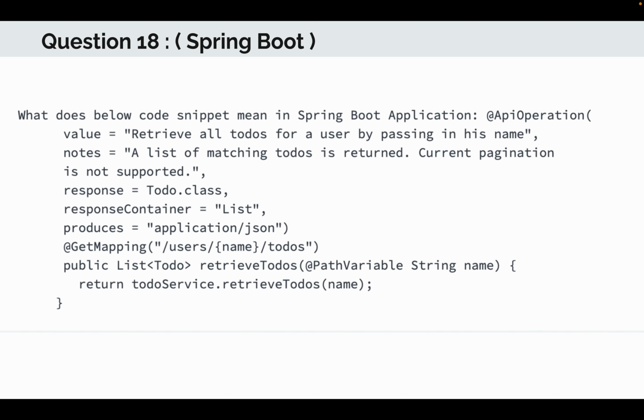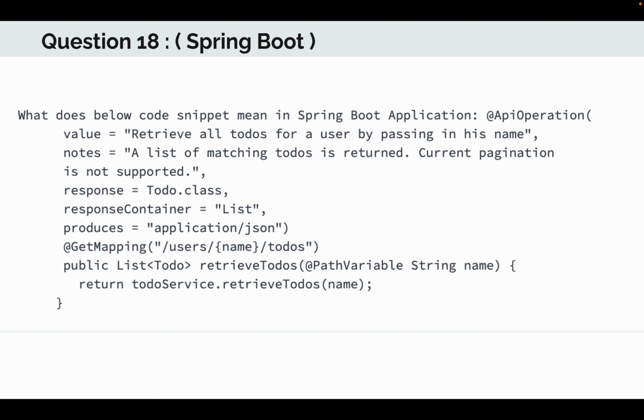Moving to question number 18. What does the below code snippet mean in a Spring Boot application? So there is a code snippet starting with @ApiOperation, which has a value and notes, and there are a few other lines of code as well. If you look at this code carefully, you will be able to understand what is the meaning of this code.